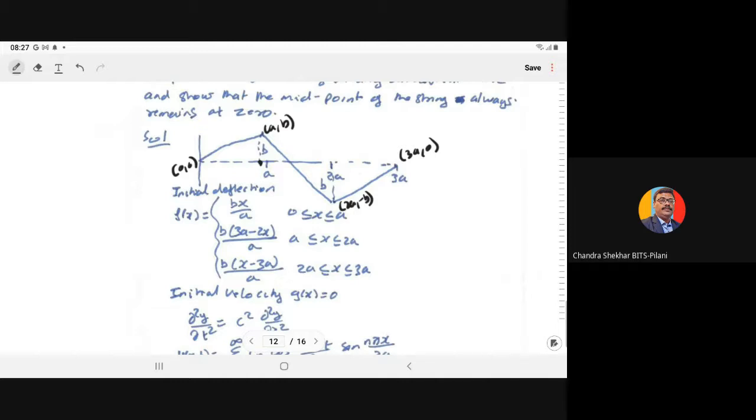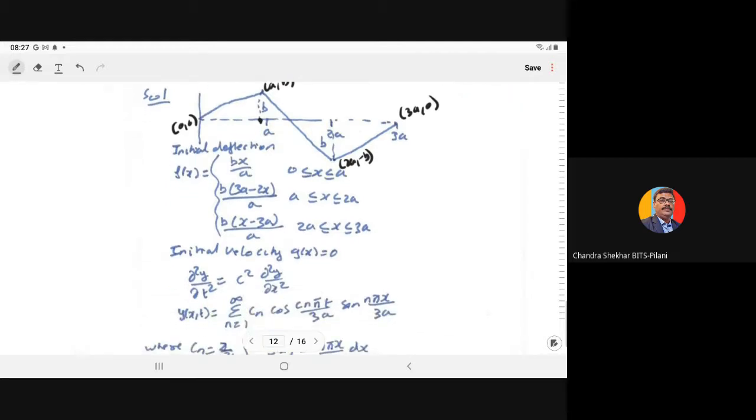So using that, we have the value of f(x) as bx upon a for x between 0 and a, then b(3a minus 2x) upon a for x from a to 2a, and b(x minus 3a) upon a for the interval 2a to 3a. And it is given that you release the string with zero velocity, that is, the initial velocity g(x) is 0.